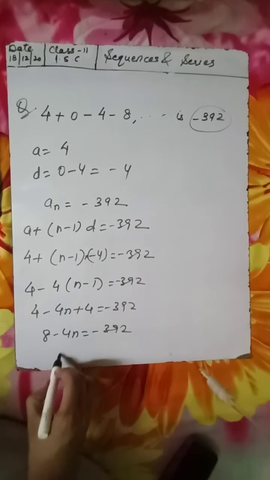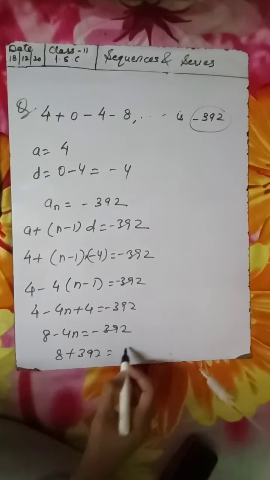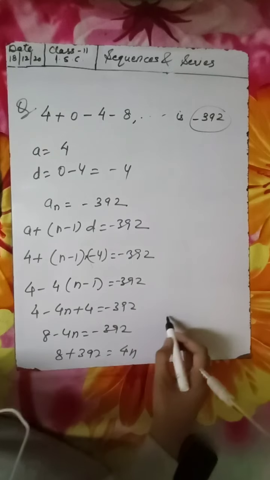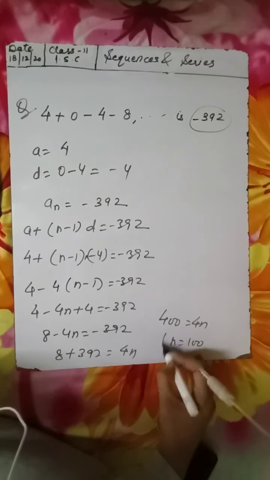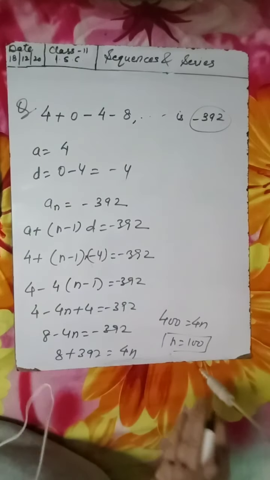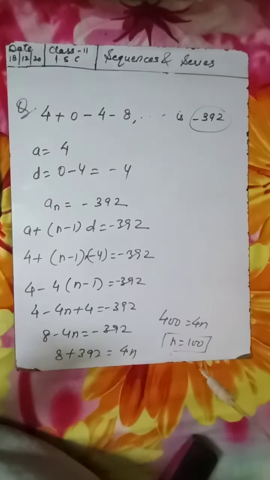Take minus 392 here and 4n that side, add it, you'll get 400 equal to 4n, n is equal to 100. So at 100th position you will get minus 392.